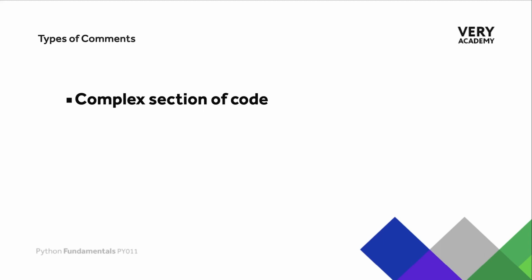We want to complement the code. We don't want to describe what the code does necessarily, but we want to complement the code. So we can make the assumption in industry, for example, that there is a specialist reading our code. So we don't need to describe what the code does, because they can probably see, they understand what a variable is and what a function is, etc. So we try and complement the code.